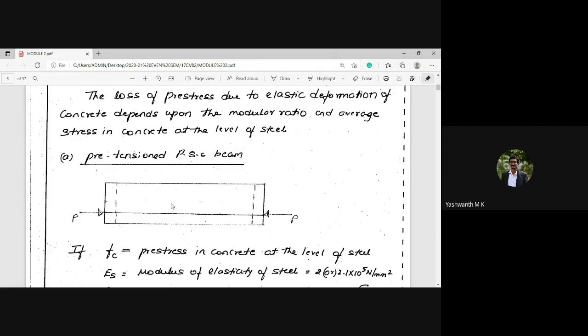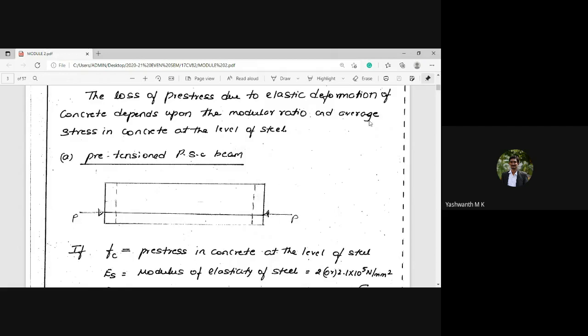One is concrete, another one is steel. The ratio of the modulus of elasticity of steel to the modulus of elasticity of concrete is called the modular ratio. If the modulus of elasticity of concrete and steel differs, then automatically the elastic deformation will also change.